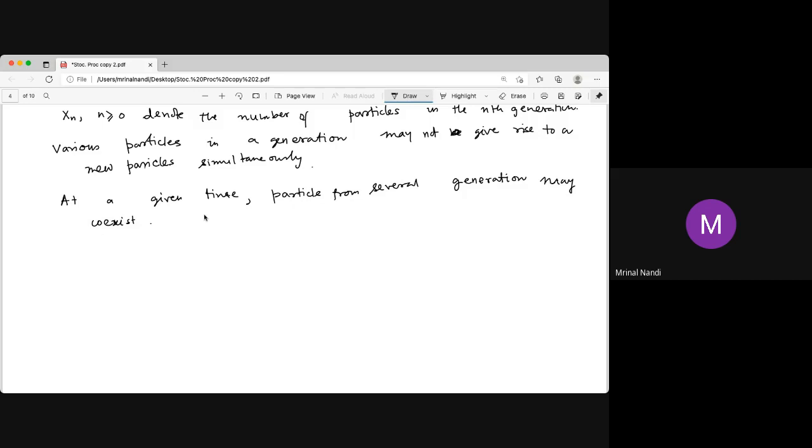It is not that the nth generation includes the previous generation. So suppose we start with, say, 2 parents, and we can say one particle is called one couple.